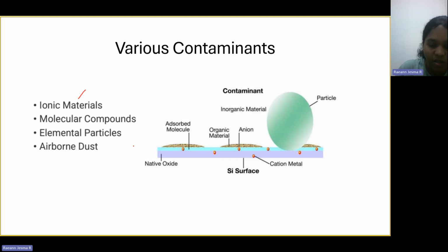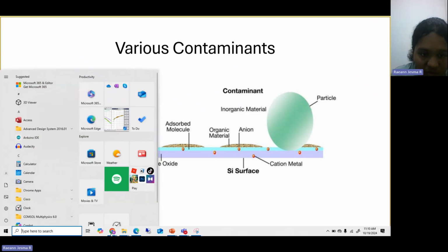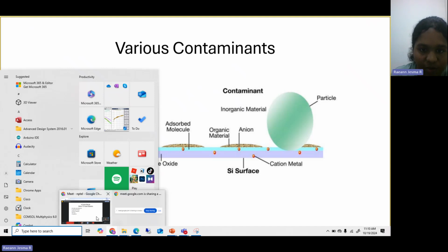So that is why it is very important that the device has to be fabricated in strictly clean conditions. And for that, when we start with the fabrication process, we will start with cleaning of the sample.